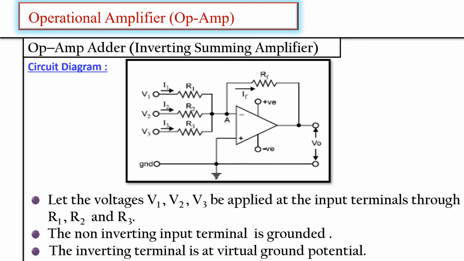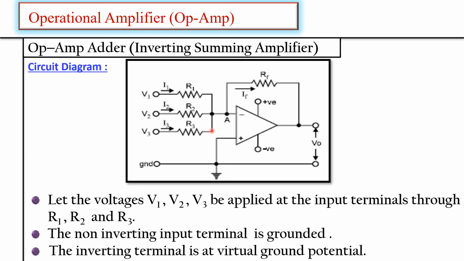Op-amp adder, or inverting summing amplifier. We will see how to use this op-amp as a summing amplifier. Summing means adding, okay? And using this op-amp configuration, we will see how we can add different input voltages. In the inverting op-amp configuration, we applied a single input to the inverting terminal.